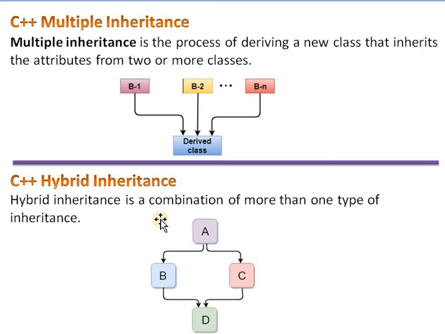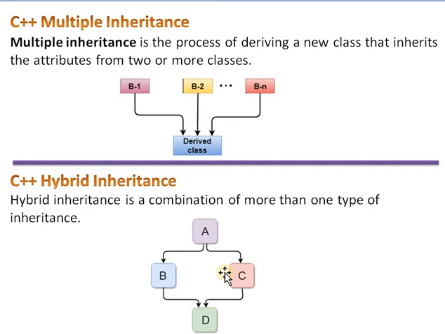Observe this figure. In this figure, two types of inheritance occur. Here the hierarchical inheritance occurs, and in the next part there is a multiple inheritance.